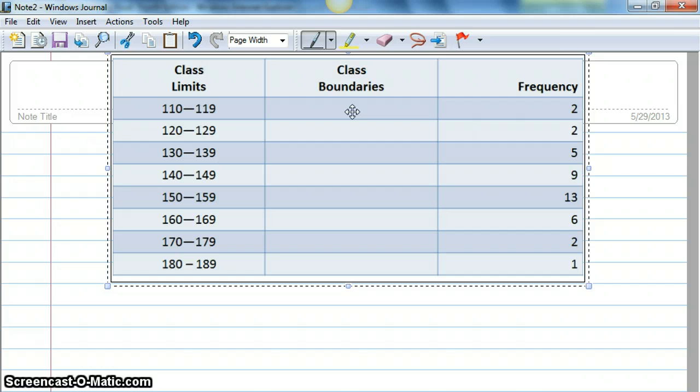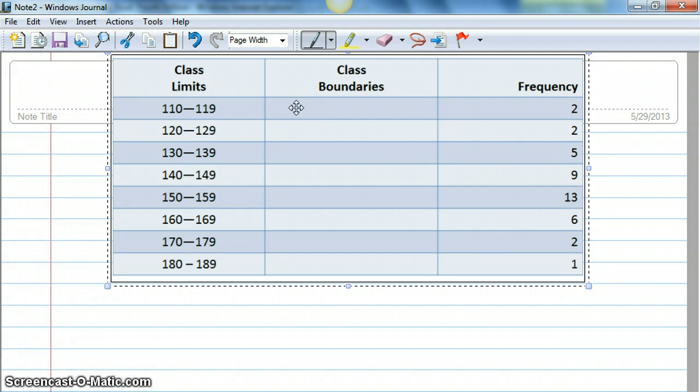Just in case we do get measurements, we know exactly where to put them. Now, where are the gaps? Between 119 and 120, and between 129 and 130. These gaps exist between the upper class limits and the next lower class limit. And once again, the gap is 1 becquerel distance, 1 unit of precision.